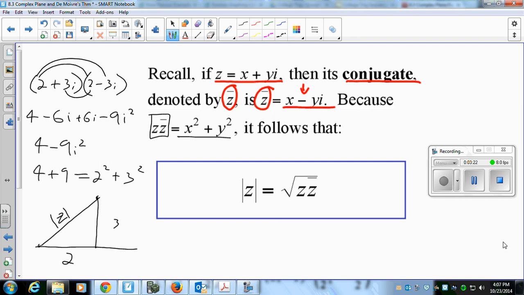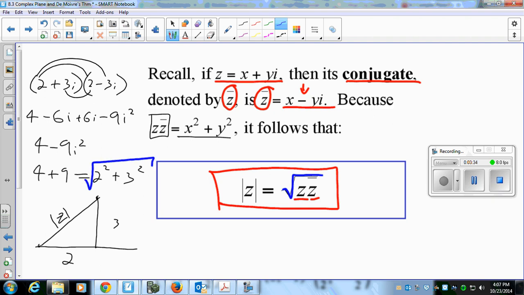So that's where this equation comes from. It's just z times z bar, and then the square root. You square root this answer, just like the Pythagorean theorem, and you get your magnitude of z. Okay, so that's how we get that equation.